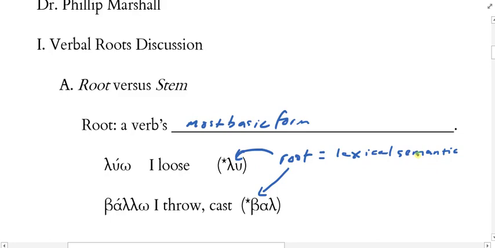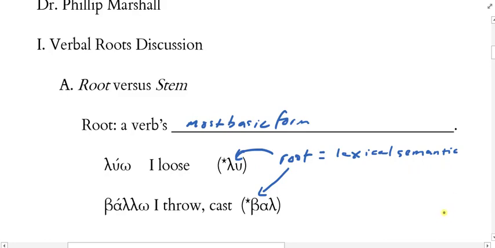It'll be grammatical semantic information, like how many people are doing it, whether it's a first person entity doing it or a second person. That's grammatical semantics, grammatical meaning. Lexical meaning is independent of that, just has to do with the concept of the idea. Okay, does that make sense?